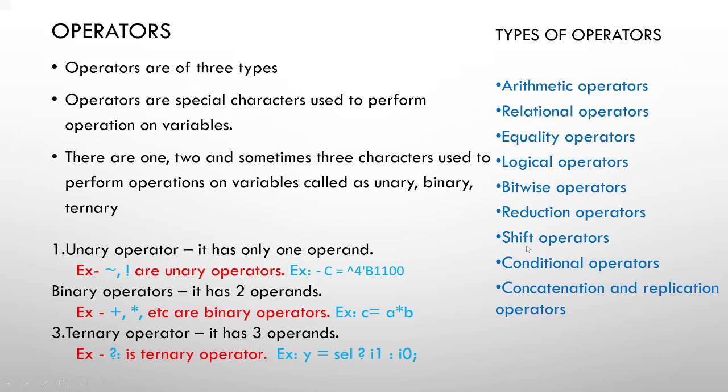If you want to perform logical operations, they come under logical operators. So operators are subcategorized into arithmetic, relational, equality, logical, bitwise, reduction, shift, conditional, concatenation, and replication. These are the types of operators.